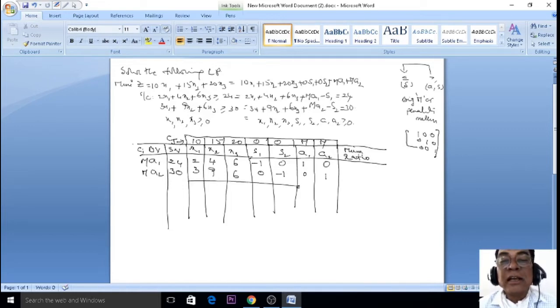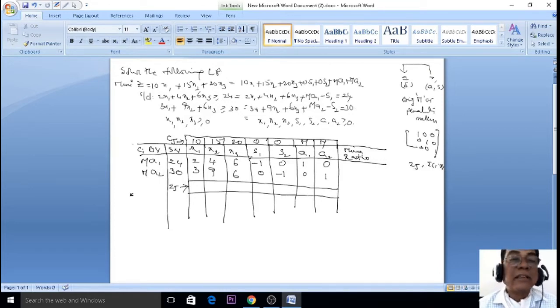Now come to the next row. Draw the horizontal line. Same thing, Zj. What are the Zj values? What is the basic formula for Zj? Zj is nothing but the sum of Ci into Xi. Ci means M into 2 plus M into 3, that is 5M.